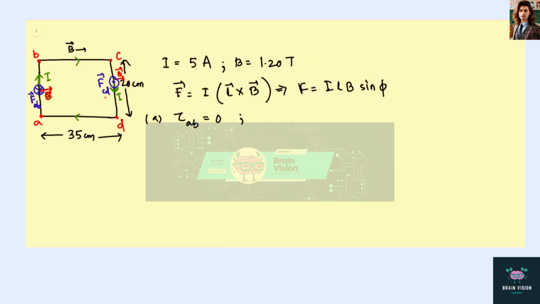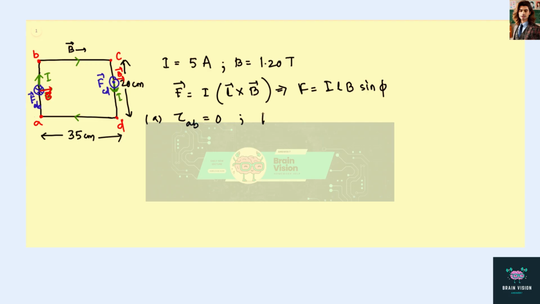So torque at AB is equal to 0. Similarly, for the second case, FCD tends to rotate the loop about the hinge, so it does produce a torque about this axis.